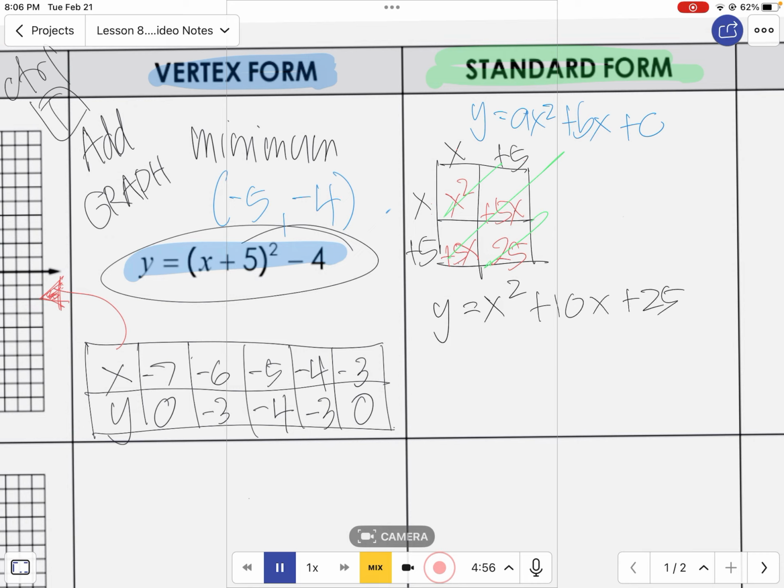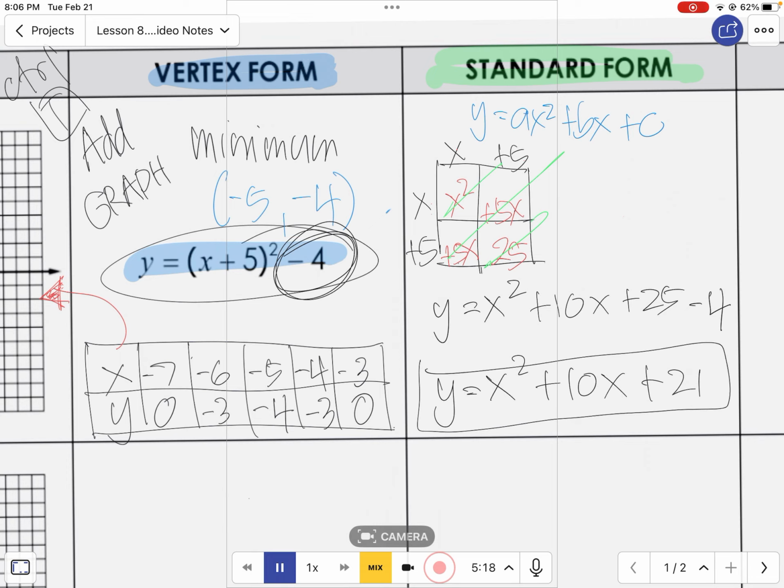But remember that there's a minus 4 in the vertex form, so let's put minus 4 in our standard form, then simplify. y equals x squared plus 10x, 25 minus 4 is positive 21. And presto, here is your equation in standard form: y equals x squared plus 10x plus 21.